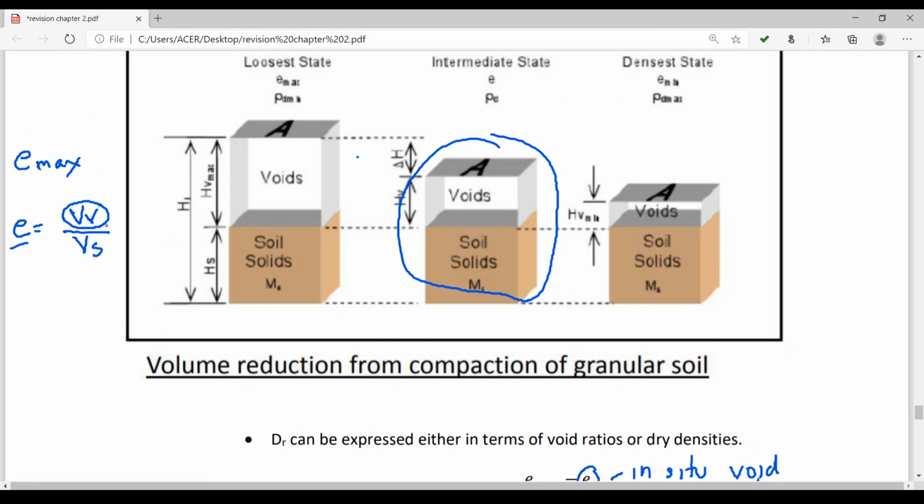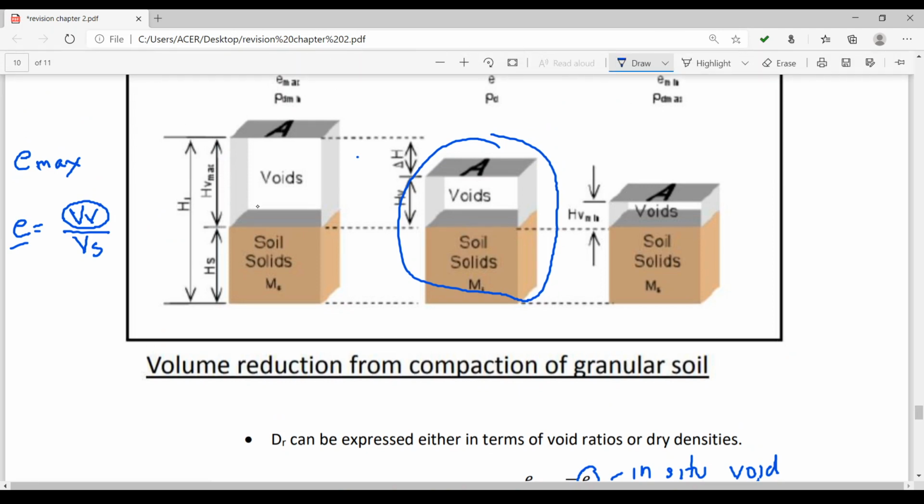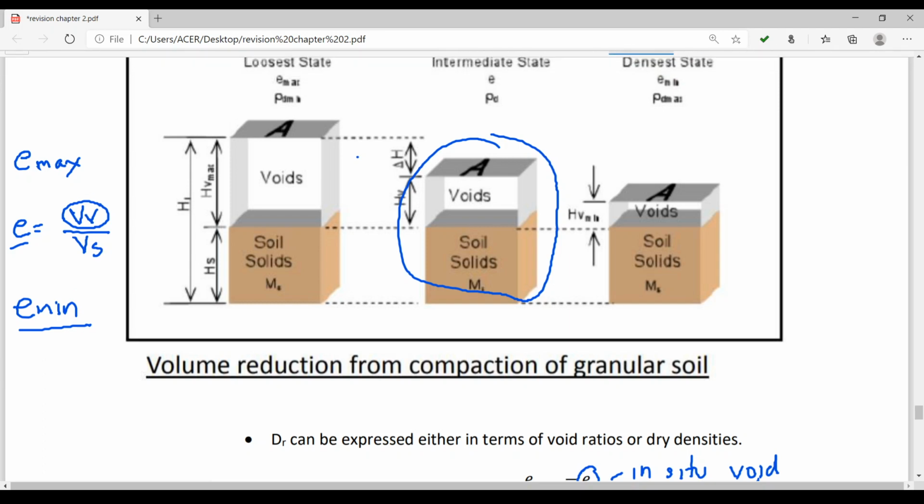Kabaliktaran naman, kapag dense or most compact state naman ng soil nyo, makukuha nyo yung minimum void ratio, Emin. Kaya nga nang sinabi ko, kapag kino-compact mo yung soil, mag-change yung volume ng soil natin. Liliit yung volume. Bakit ba?